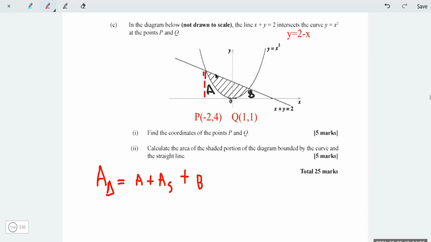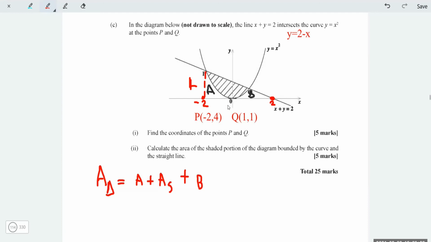Now the area of this big triangle: the height would be going up to P, that's 4, and the base would be from the x value of -2 straight over to the x value on the line x plus y equals 2. The y value is 0 there, so x is 2. So this is from -2 to 2, which is a base of 4.